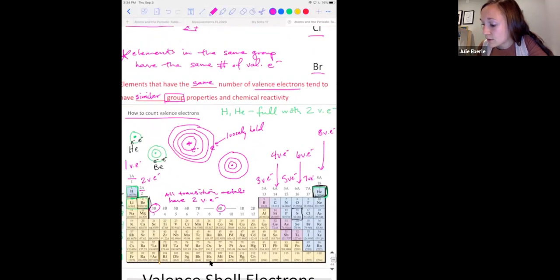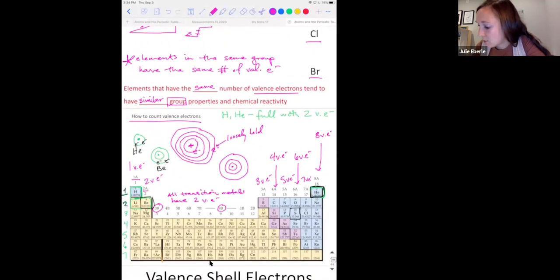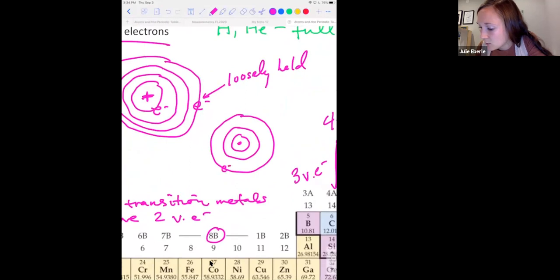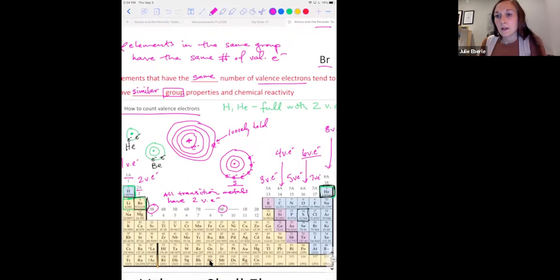Now, what group is sulfur in? Sulfur is in main group 6, so it's going to have 6 valence electrons. So I'm going to draw 6 electrons on this outer shell. There's 1, there's 2, there's 3, 4, 5, and 6. Now I'm sulfur.